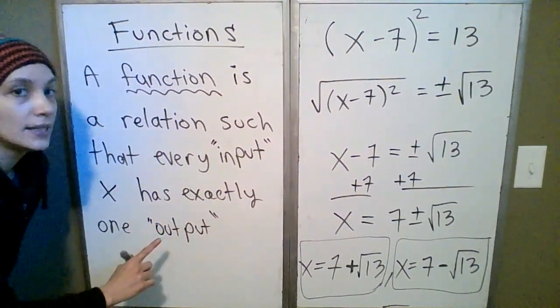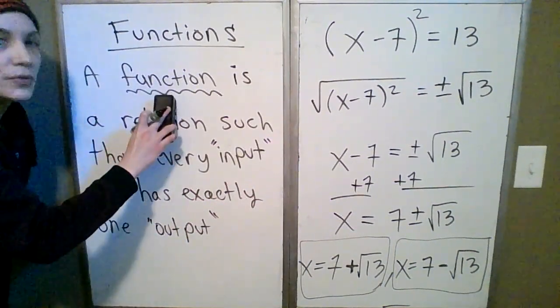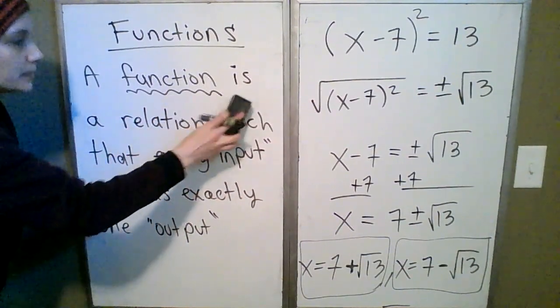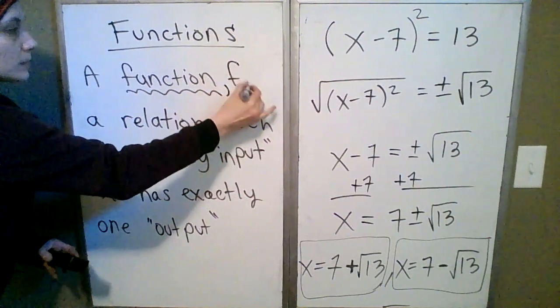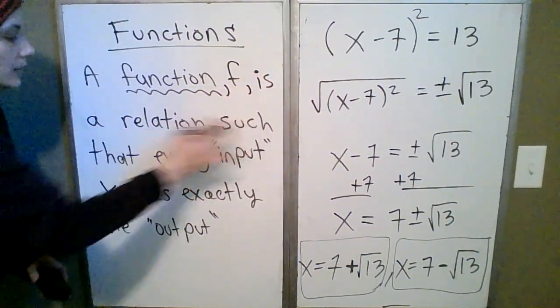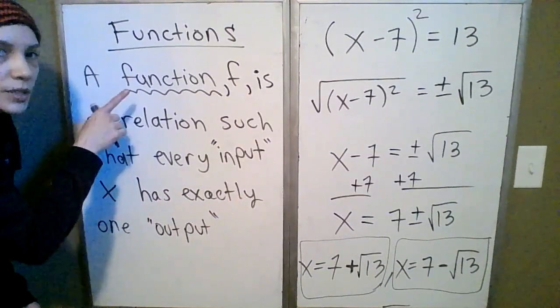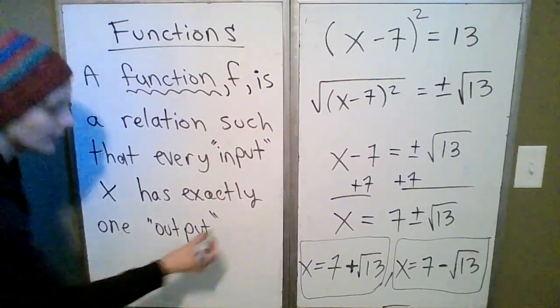Okay, and we're going to come back and give the function a name. This function we're going to call f. It is a relation such that every input x goes through your function f and has one output, which we call y.